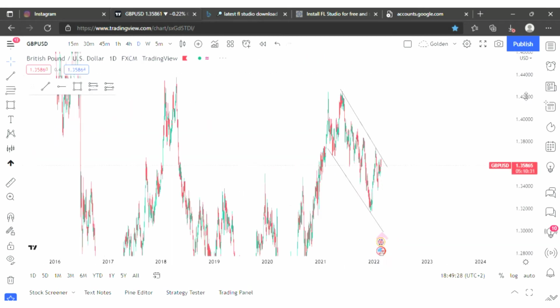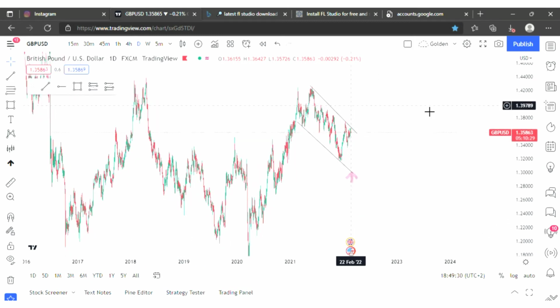What is happening right now with this market is that there was a long movement before this structure was created. This was the long movement. So now the market is just resting. The market is telling me that it will continue moving to that side.